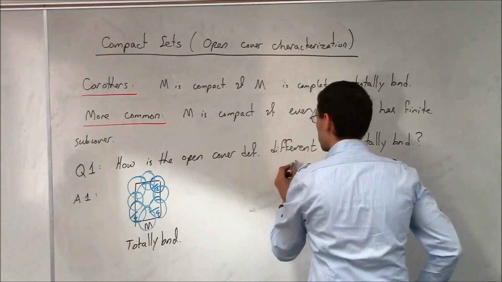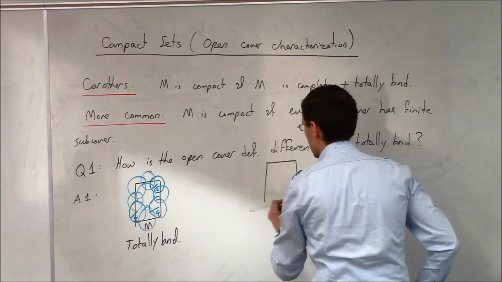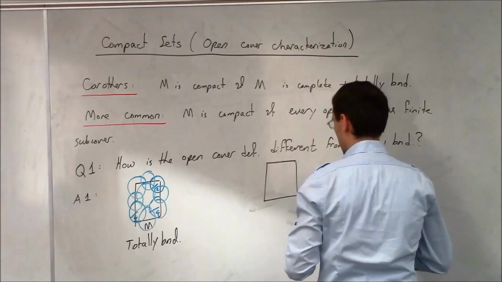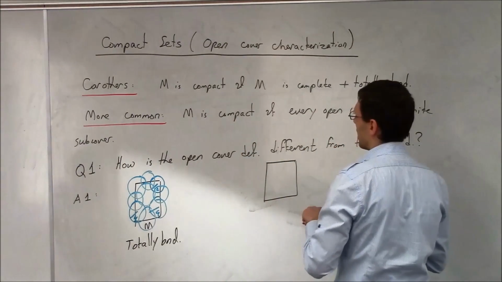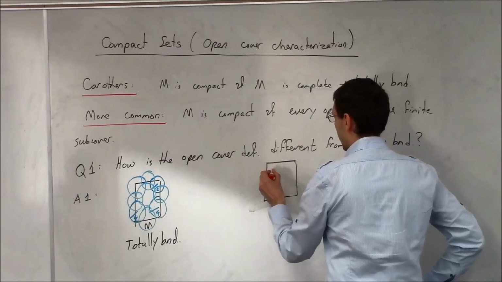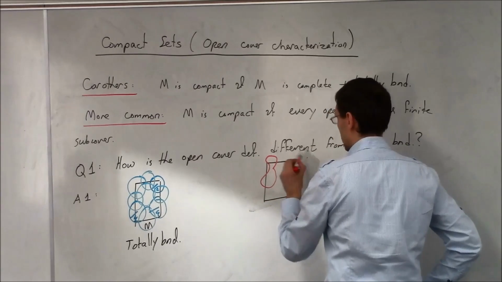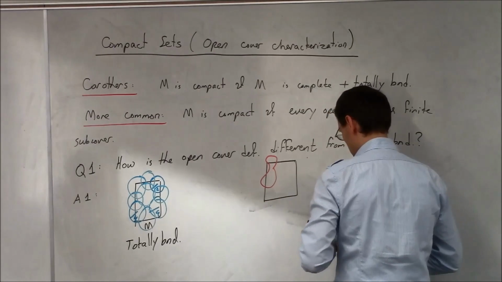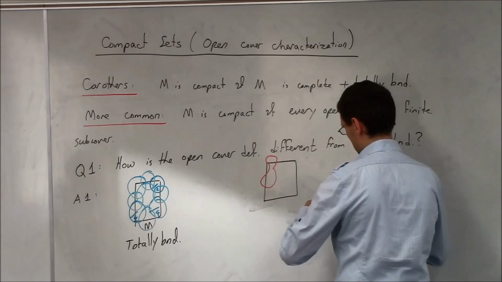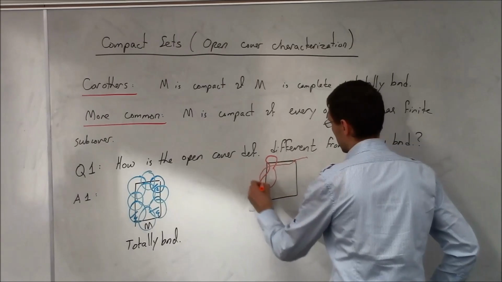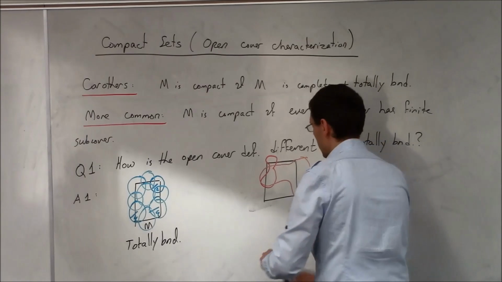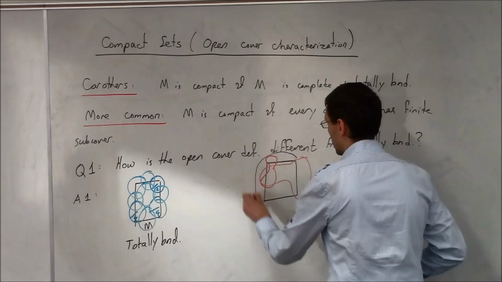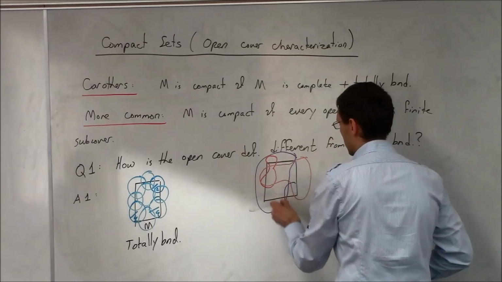Now, if you have a compact space, then the napkins can be of very, very irregular shape. Something like this, maybe something like that, and something like this.